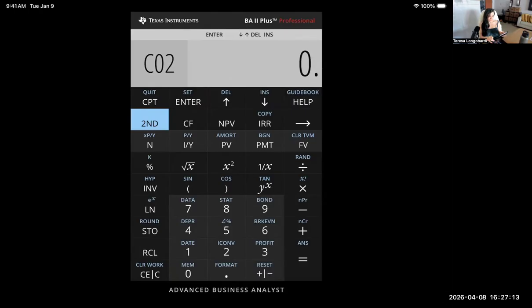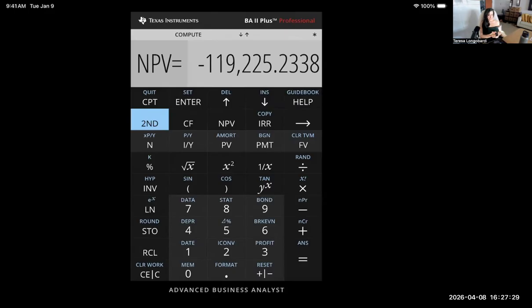And then the 300,000, enter down. And then NPV 13.5, enter down and compute. So that's my result. You have to rewind to see that if you didn't get it. I'm not going to repeat it.